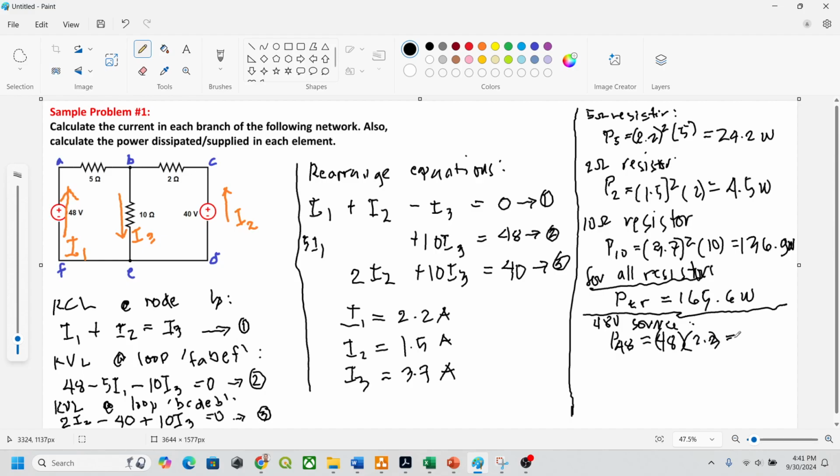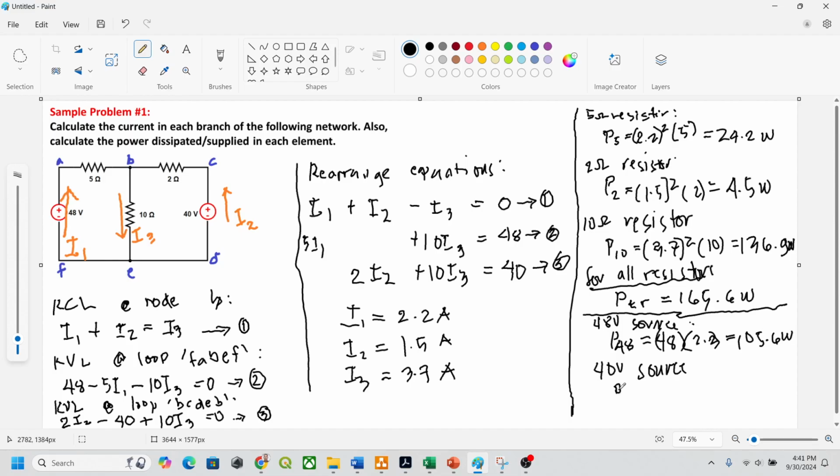If you multiply 48 with 2.2, that's basically 105.6 watts.